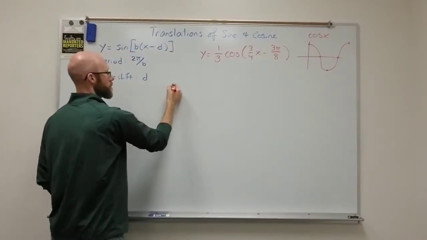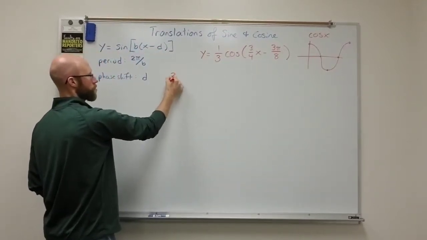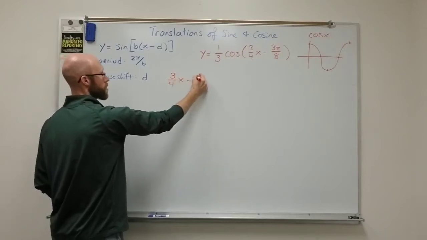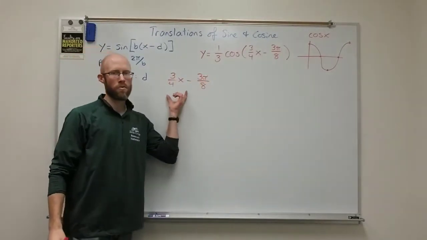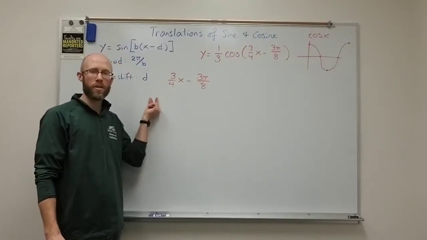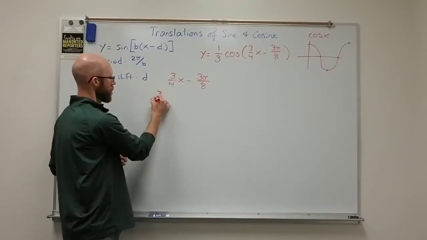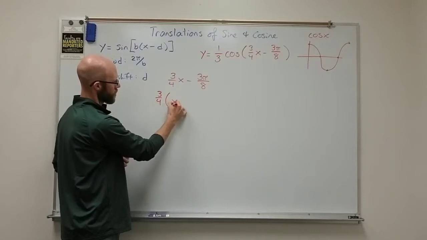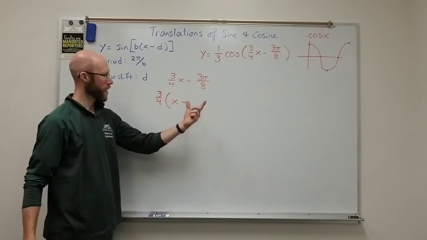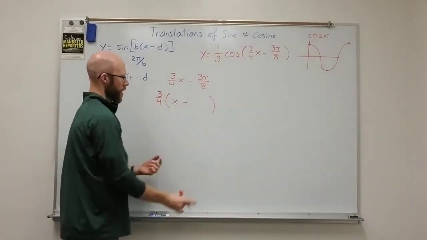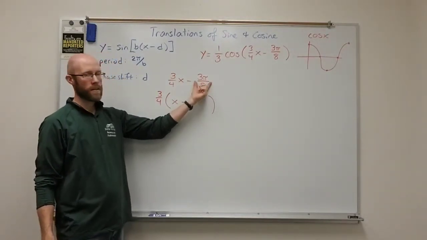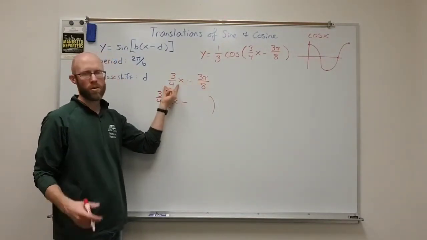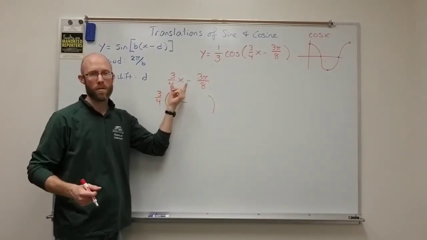So let's see, I'm going to take it off to the side. I get 3 over 4x minus 3 pi over 8. Again, when you factor here, you want to pull out the coefficient of the x. So I get 3/4 times x minus, and then I got something here. And that something can be found by dividing the original constant by 3/4, or equivalently multiplying by the reciprocal.